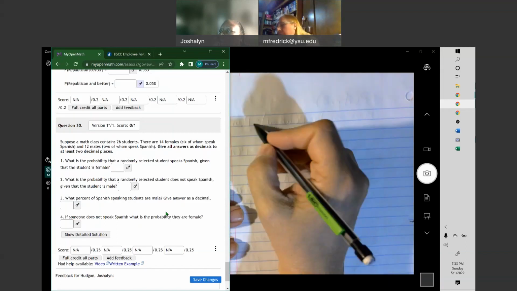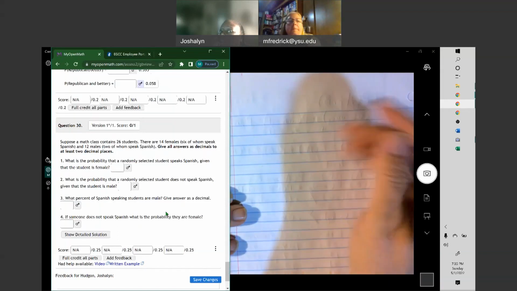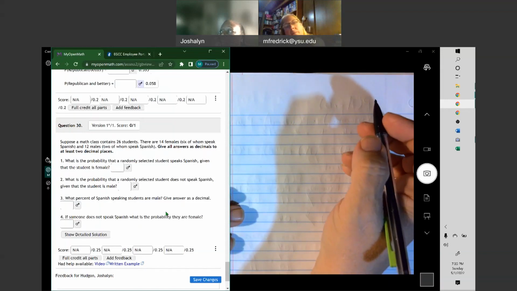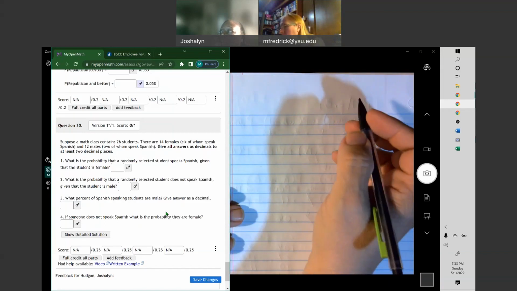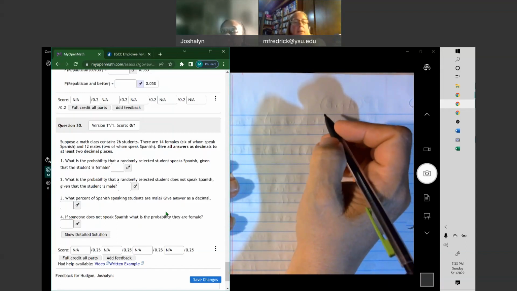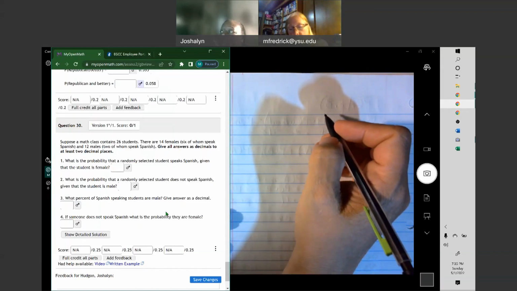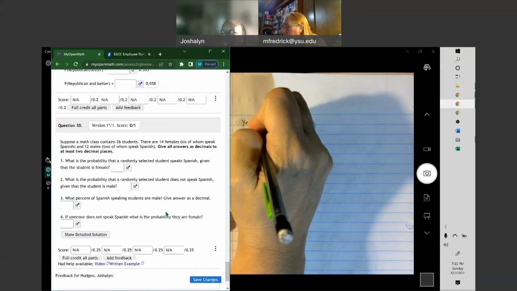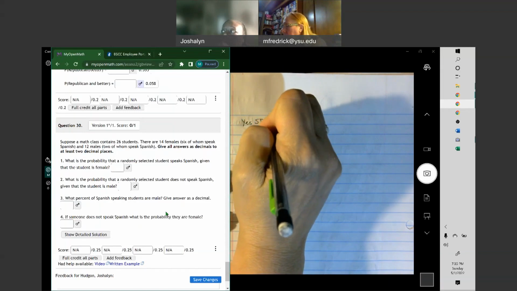So which ones would you want to put across and which down? It doesn't really matter. Spanish across and don't down.